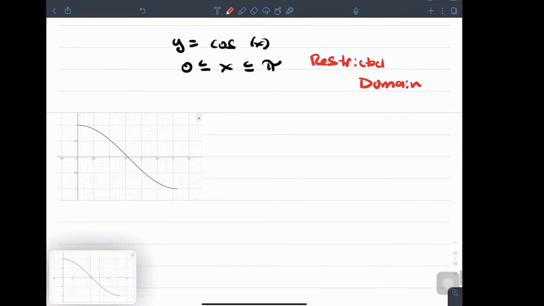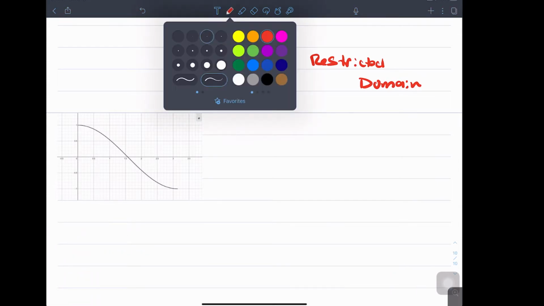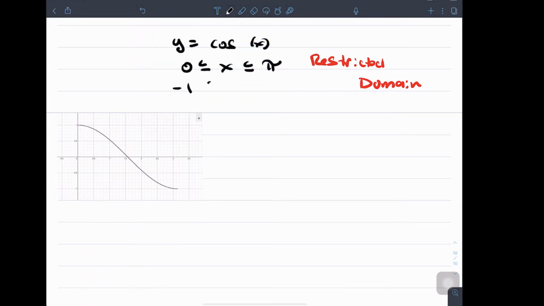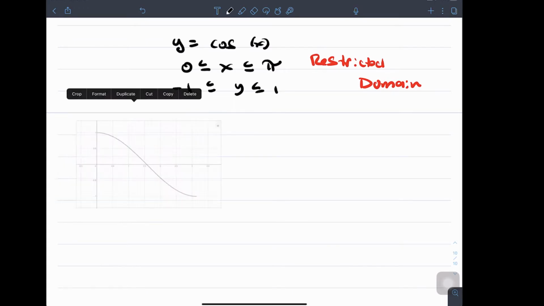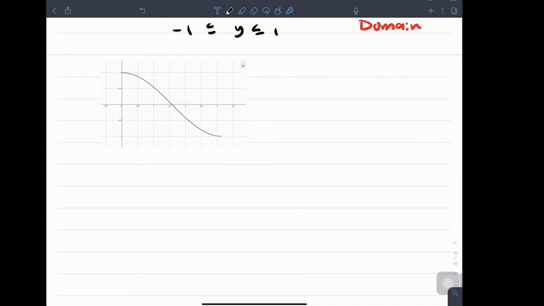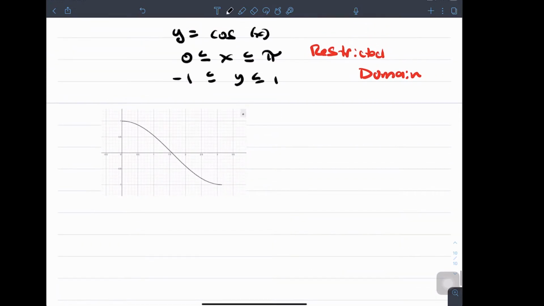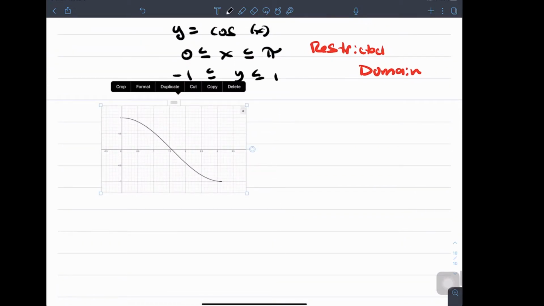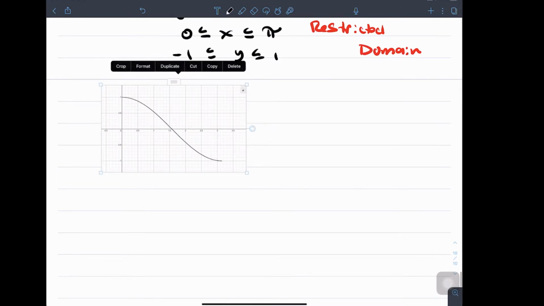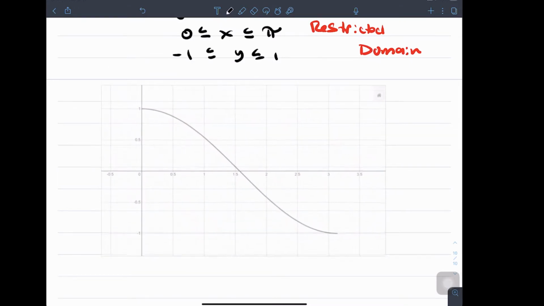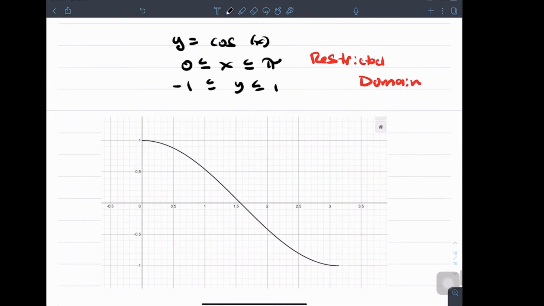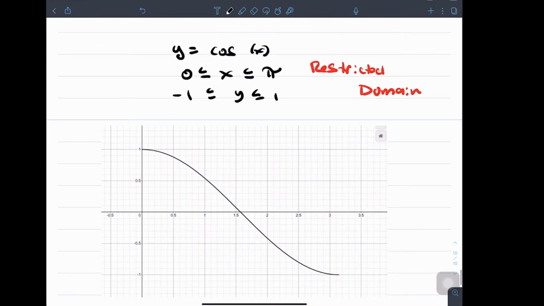Okay. Your range still is going to be what? Between -1 and what? +1. So restricted domain.